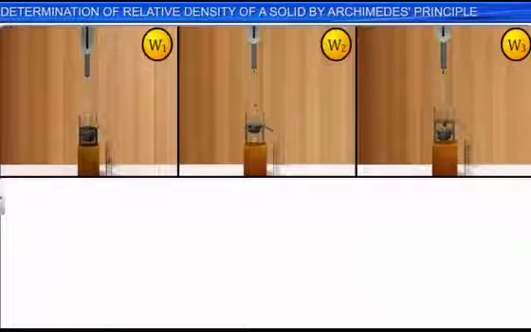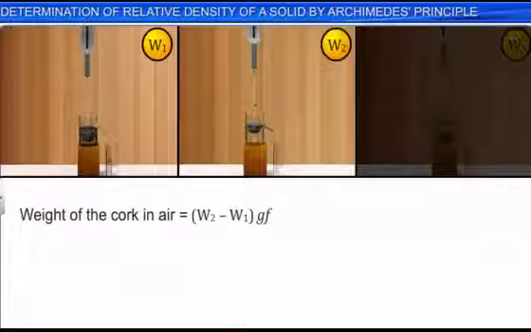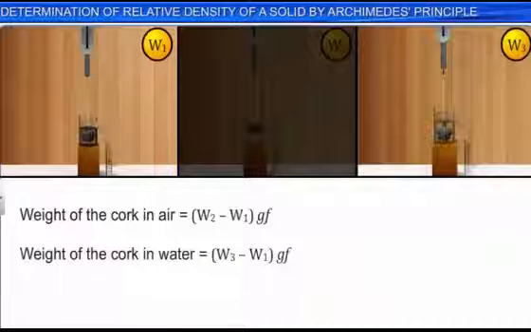Based on these readings, we get that the weight of the cork in air is equal to W2 minus W1 gram force, and the weight of the cork in water is equal to W3 minus W1 gram force.